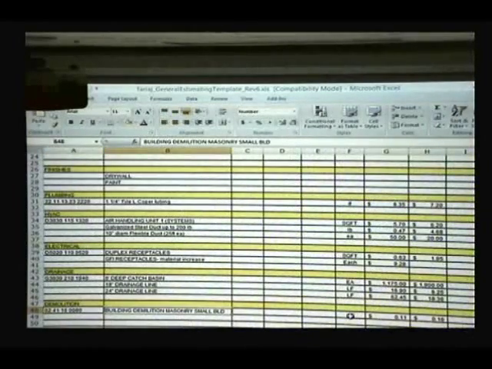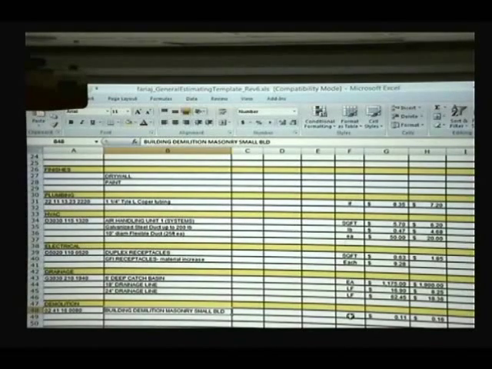But still, we need to add the foundations. Do we have the total area of the building somewhere in the plan? Yes, we do. But that's the new building that we're building. This is for the existing building that we need to demolish.